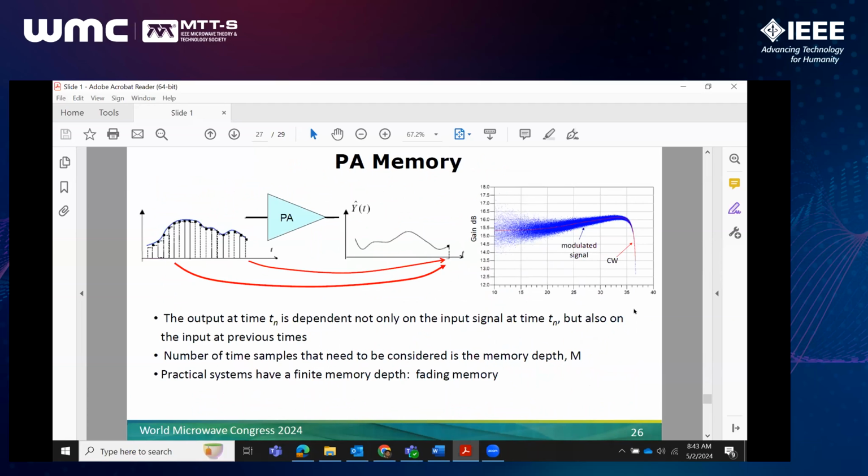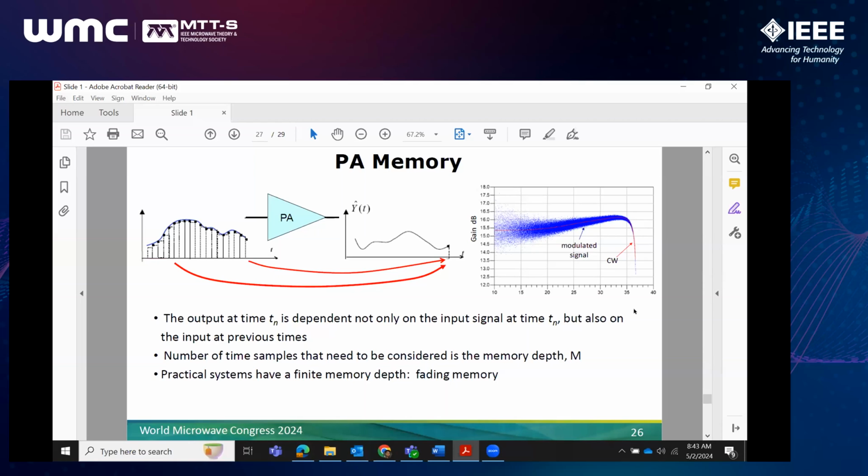All right, so the last term I'll talk a little bit about is PA memory. And this is very, very important in digital pre-distortion. Its effects also show up without pre-distortion as well. So in this diagram, I'm illustrating on the left, the input is the input envelope of the modulated signal going into the PA.